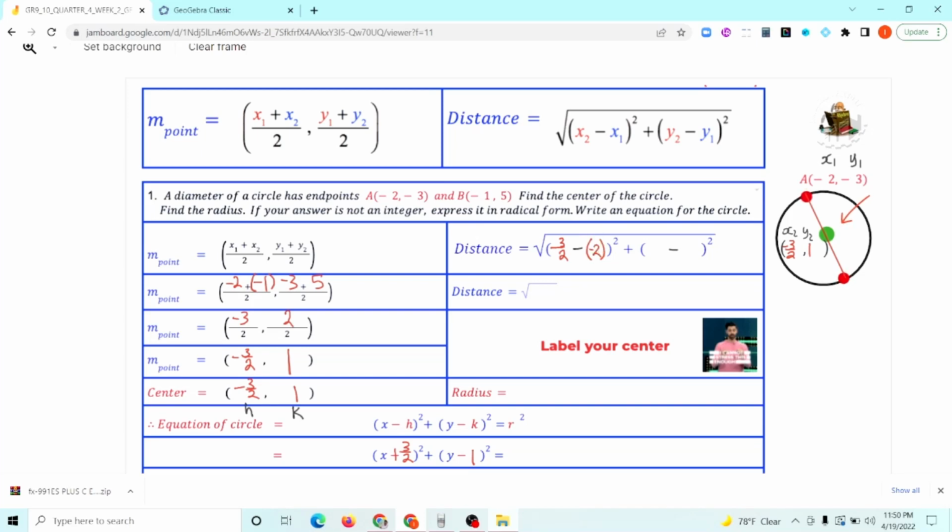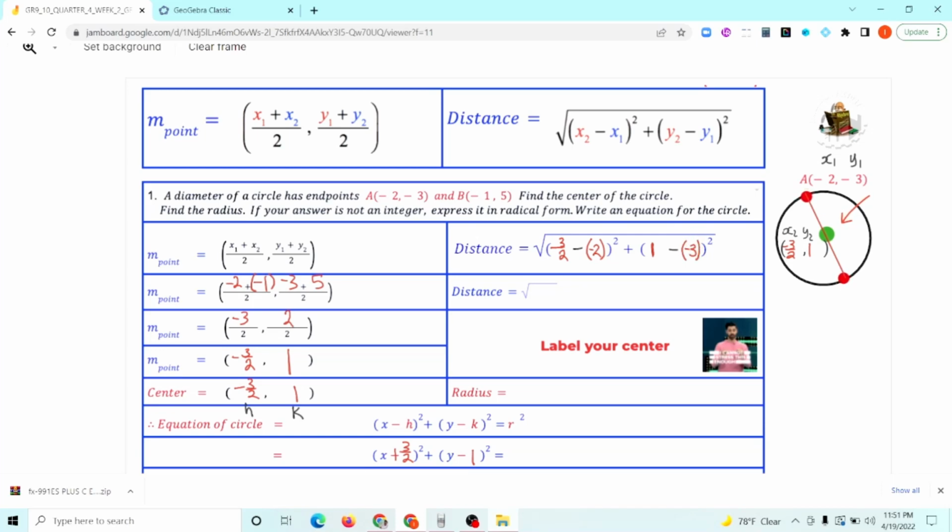What is my y sub 2? My y sub 2 is 1, so I'm just going to put that in there. And what is my y sub 1? My y sub 1 is -3. Remember, when it's negative, put it in brackets.